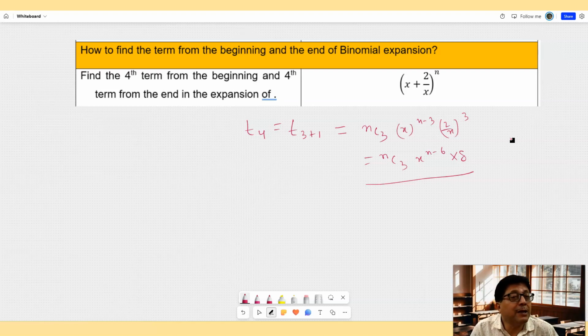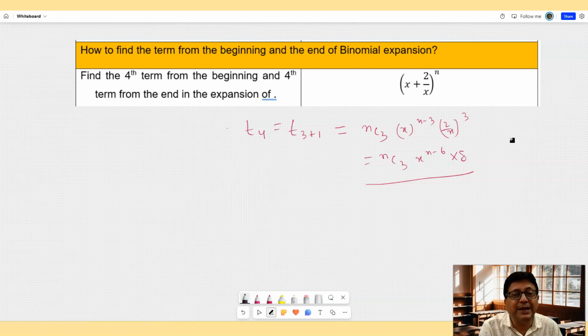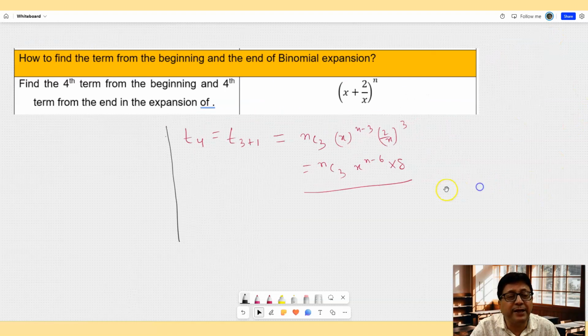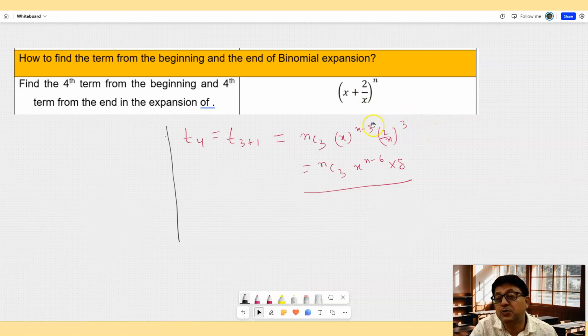But the next part of the problem, how to find the fourth term from the end in the expansion of this thing. Let us find it, the fourth term from the end. Fourth term from the end you can't find easily. If you go by the textbook formula, it is the (n minus p plus 2)th term from the beginning, which will be confusing.